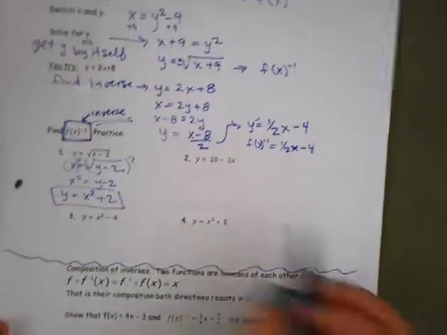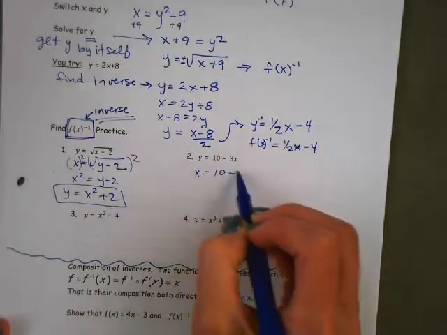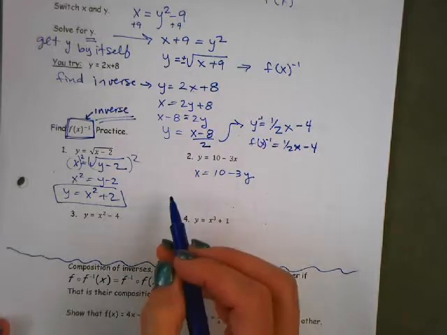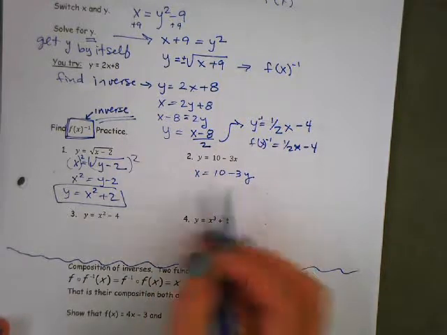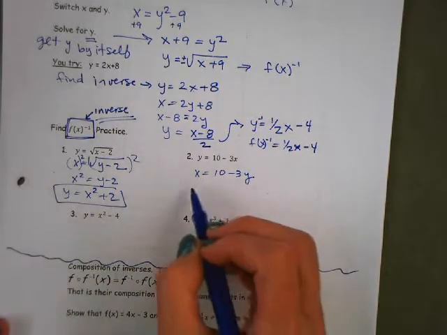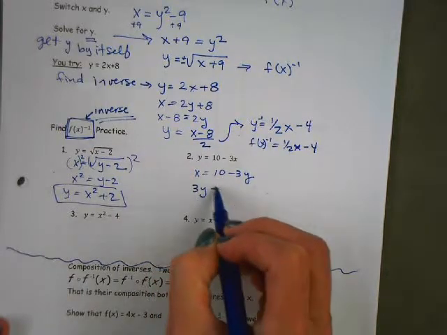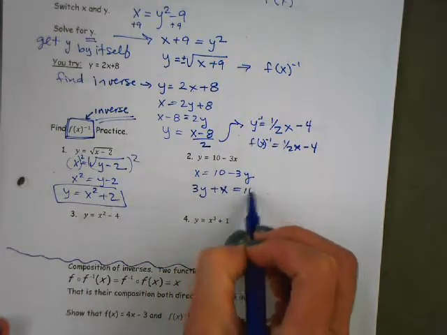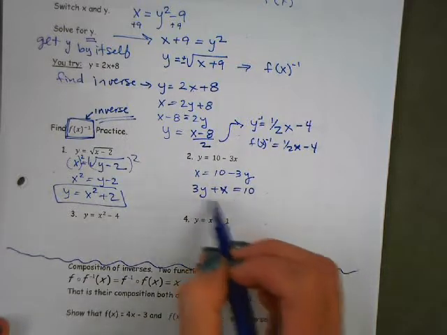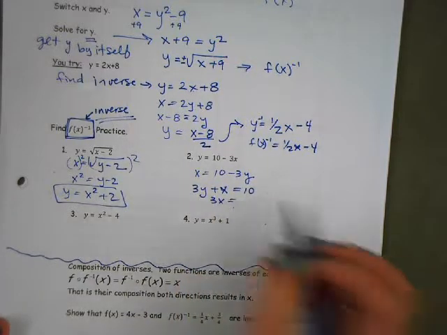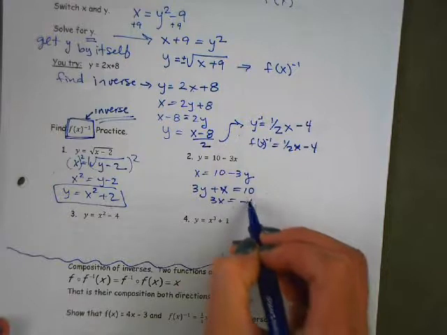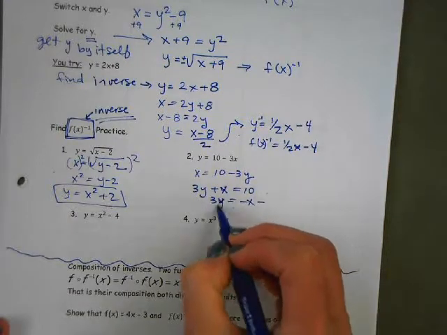Alright, number 2. First of all, I switch. So x equals 10 minus 3y. So I'm going to subtract 10. Actually, I'll just add the 3y to this side, and I'm going to subtract the x over. Oh yeah, it's a y.